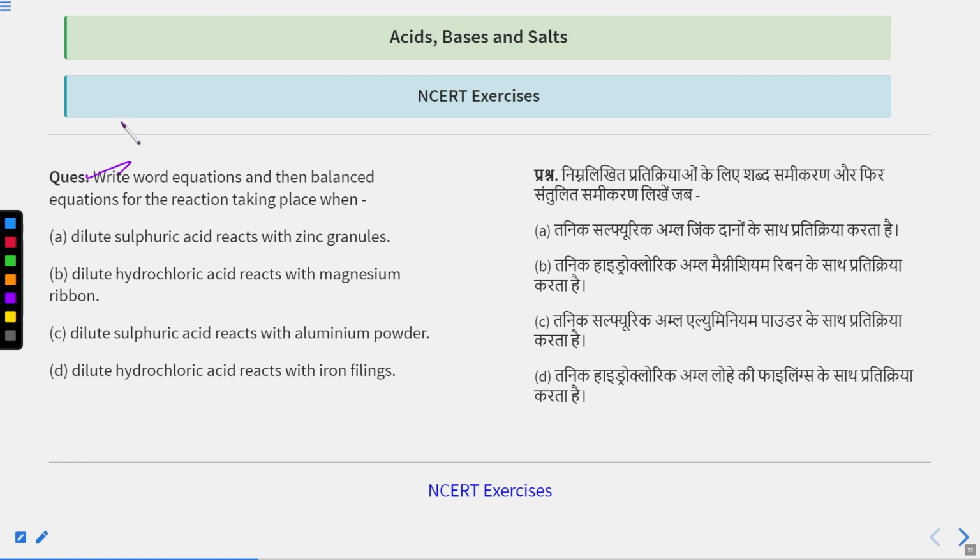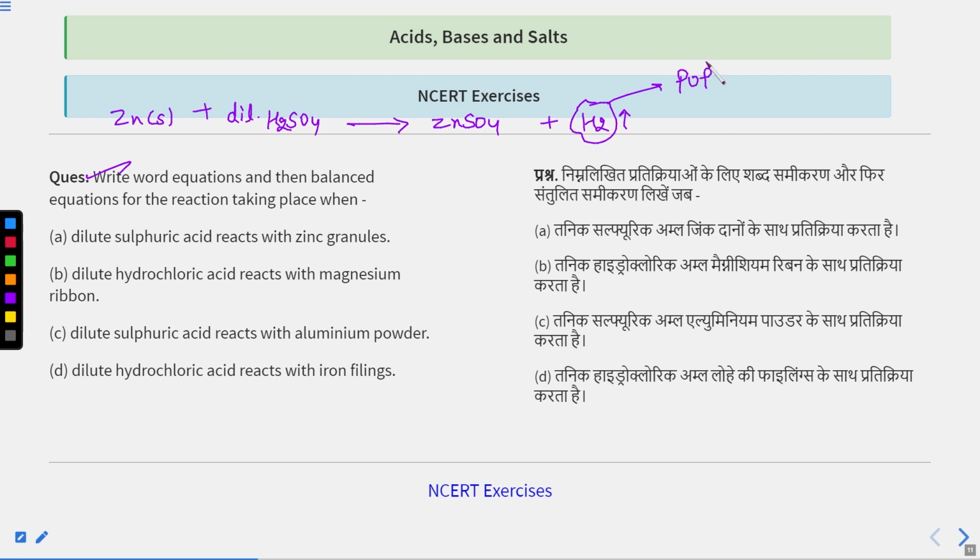So zinc, Zn solid, reacts with dilute H2SO4. Metal plus acid gives salt and hydrogen gas. So you will get salt, which is ZnSO4, along with the release of hydrogen gas. You know very well, hydrogen gas is tested by what? Pop sound.